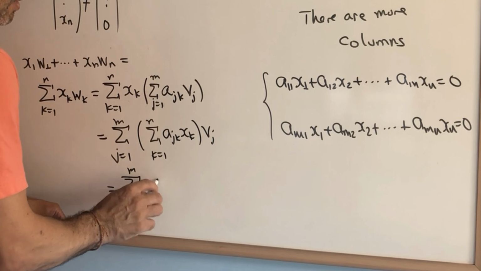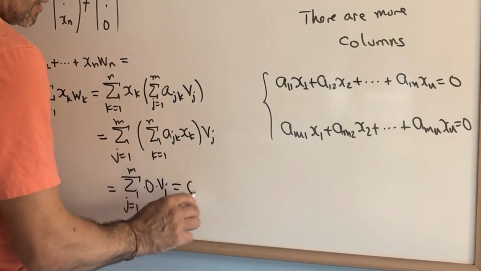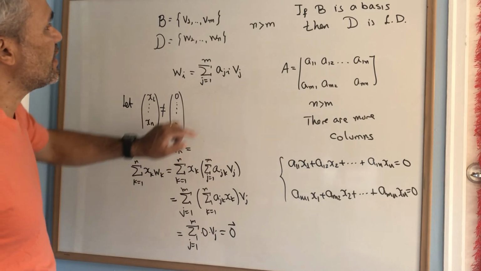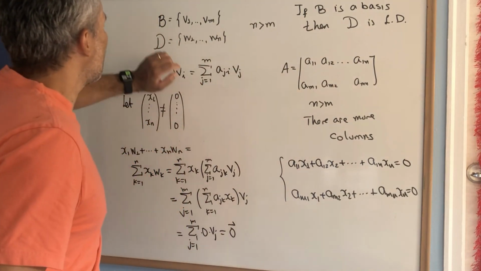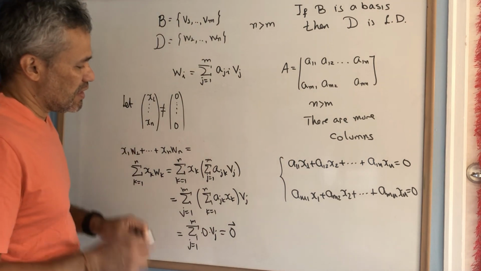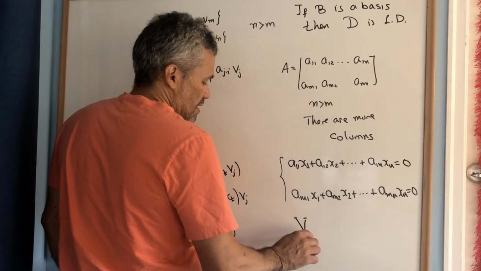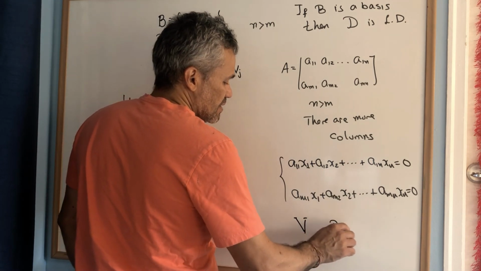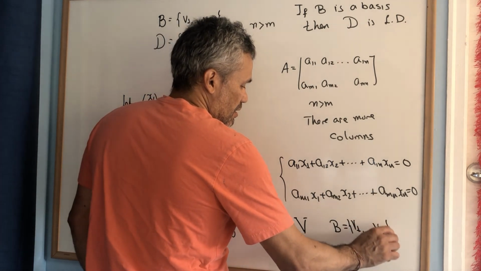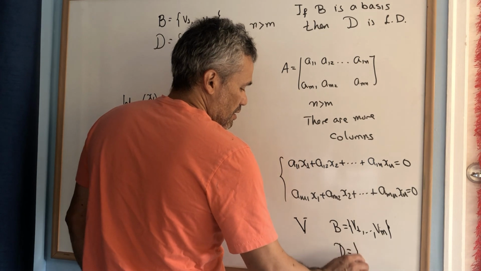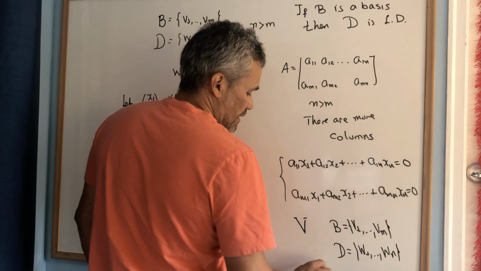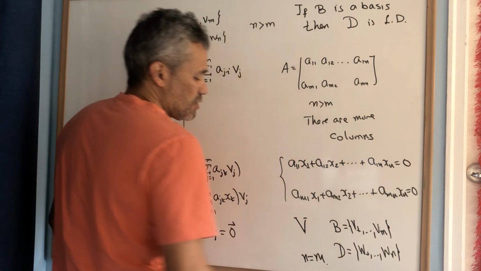Then 0 times bj, and this is just the 0 vector. That means that these vectors are linearly dependent, and for that reason this cannot be a basis. Therefore, the conclusion is that if we have a vector space and we have two bases, then n must be equal to m.